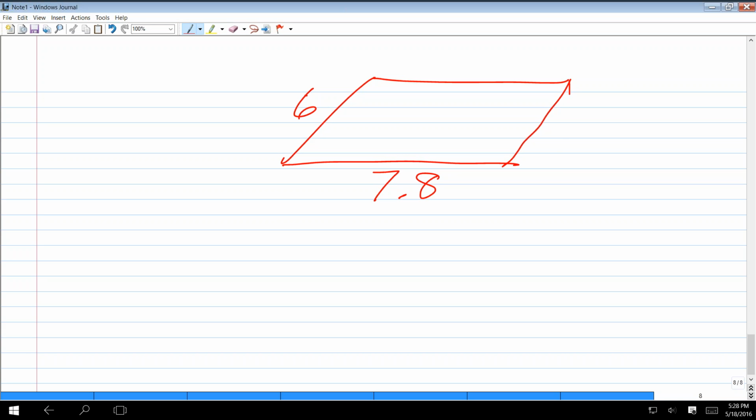Oh, like over here. And then there's a height from the obtuse angles. That's supposed to be the height you're finding.